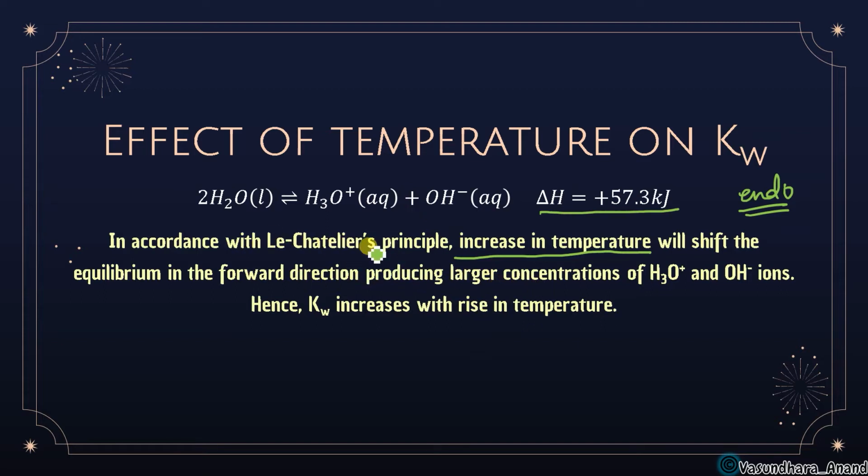Increase in temperature shifts the equilibrium forward, producing a larger concentration of the products, that is H3O plus and OH minus ions. Hence, Kw increases with rising temperature. A question can be asked: how can you prove that on increasing the temperature the Kw value increases, or how will you justify this? You are supposed to answer like this.